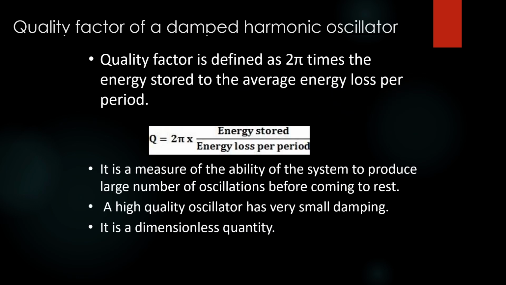Now next one is the quality factor of a damped harmonic oscillator. The quality factor is defined as 2 pi times the energy stored to the average energy lost per period.